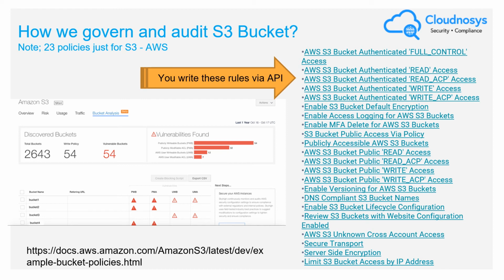Because if you said, okay, if I implement CIS, is it going to protect my S3 bucket? The answer is no, because I believe there's like 6 or 7 rules for S3 in the CIS domain. Now, look at all these rules here. If you really want to protect S3 bucket, you would have to write 23 rules, 23 policies.